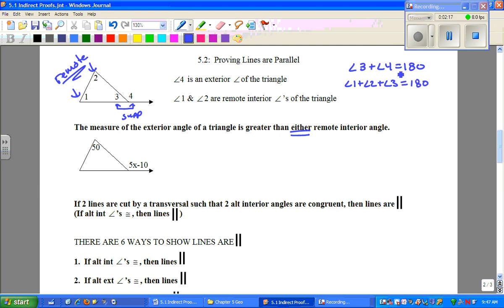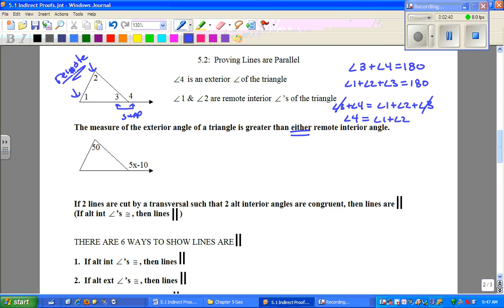These both are equal to 180, so angle 3 plus angle 4 is equal to angle 1 plus angle 2 plus angle 3. We can simplify because they both have angle 3, so angle 4, the exterior angle, is equal to angle 1 plus angle 2.